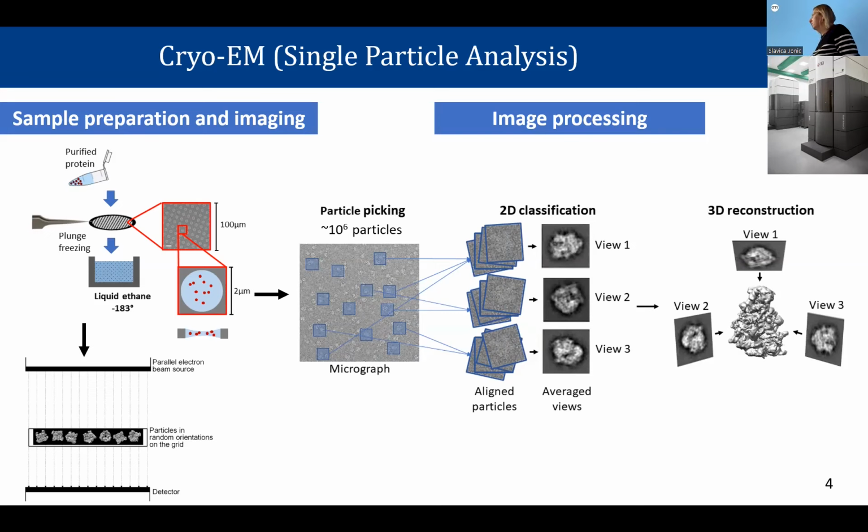But this is not what usually happens because of the heterogeneity of these shapes. If you combine all these images into a single 3D reconstruction, then you will get the shape, but at a low resolution. The more homogeneous the sample is in shape, the better resolution you will have.